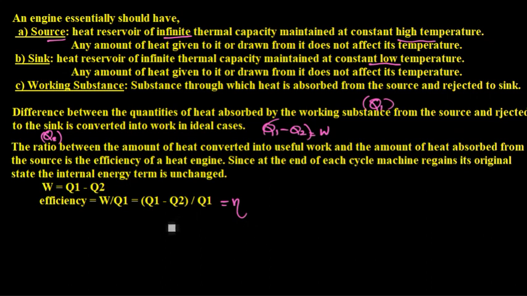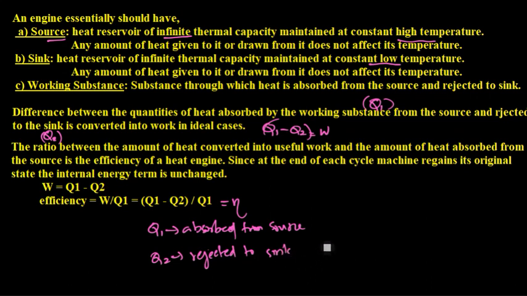That means if Q1 is the quantity of heat absorbed from the source by the working substance, and Q2 is the quantity of heat rejected to the sink by the working substance, then the difference in the heat is given by Q1 minus Q2. This difference is converted into useful work in the ideal cases.